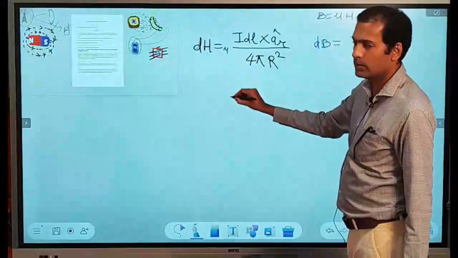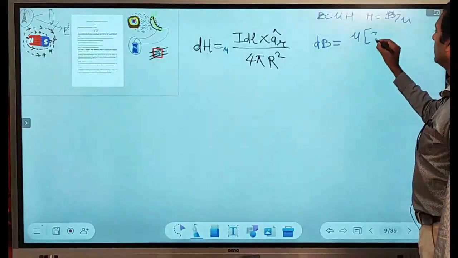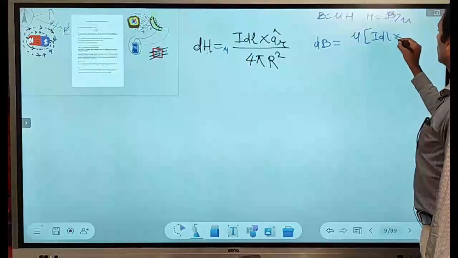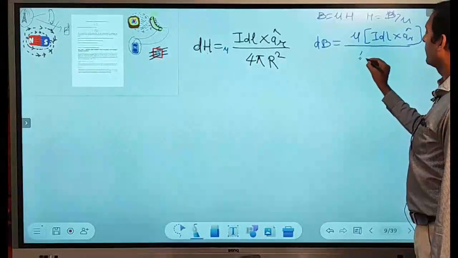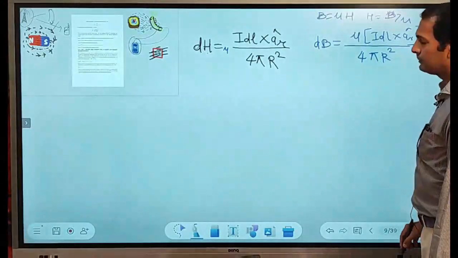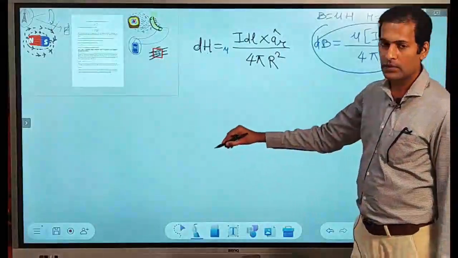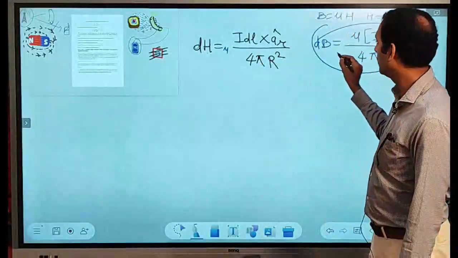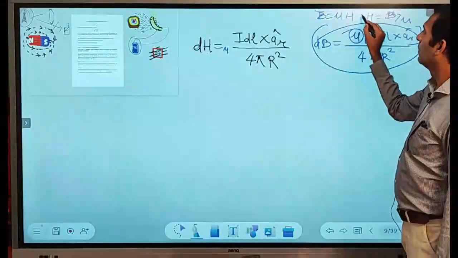So I multiply this term with mu and get dB equal to mu I dL cross aR cap divided by 4 pi r square. Whenever I say consider H and B same, we have to add mu also. That is default in the formula.